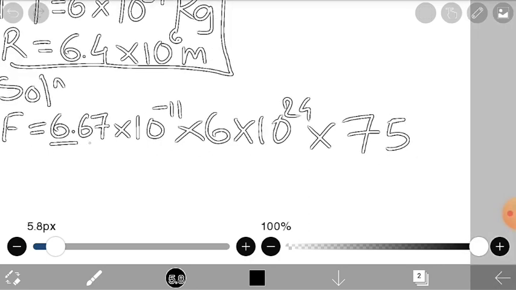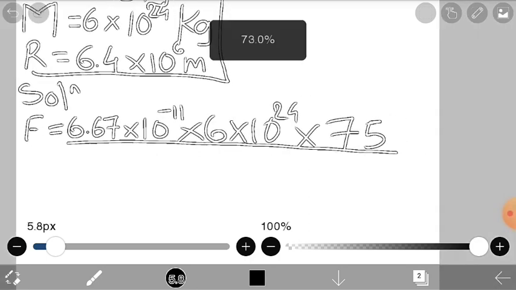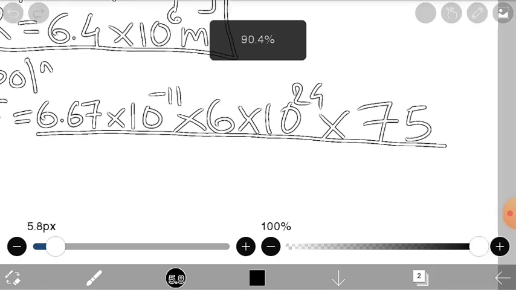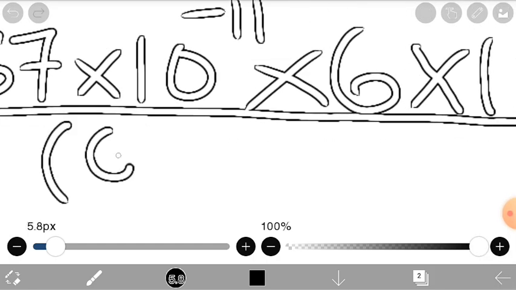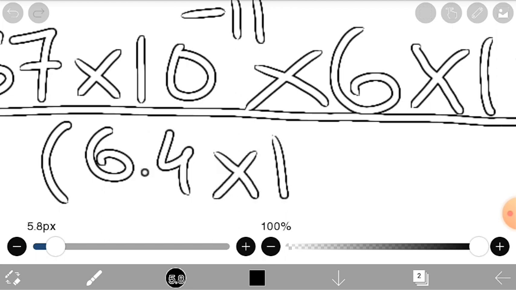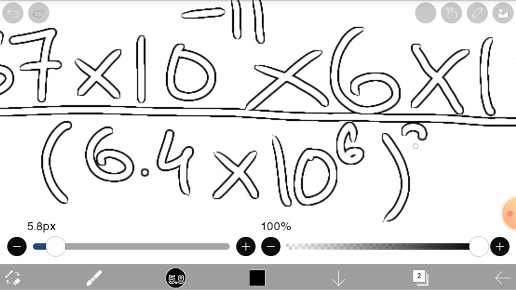The radius is 6.4 into 10 raised to 6, therefore the square of 6.4 into 10 raised to 6.